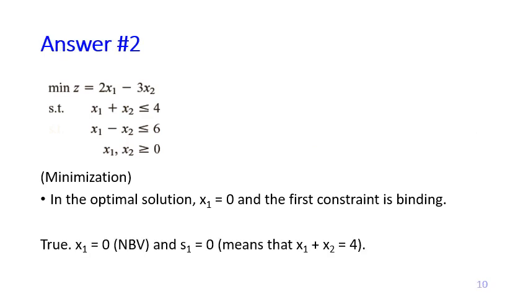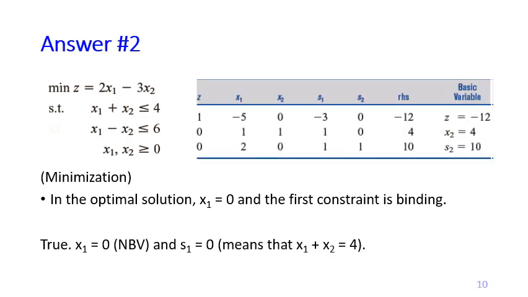The answer is true because if we're looking at the table, x1 equals 0 because it is a non-basic variable, and s1 also equals 0 because it is a non-basic variable as well. It means that if the slack for the first constraint is 0, what we consume on the left-hand side exactly equals what we have available on the right-hand side.